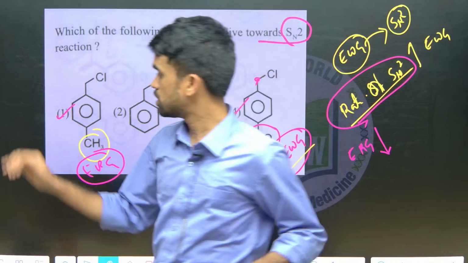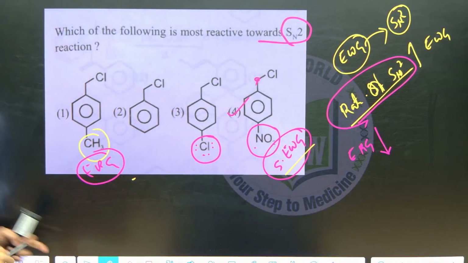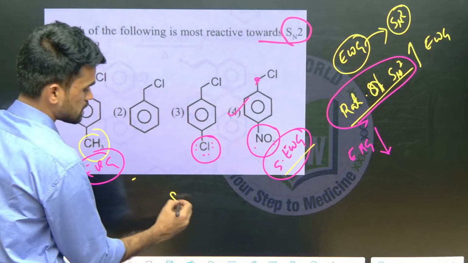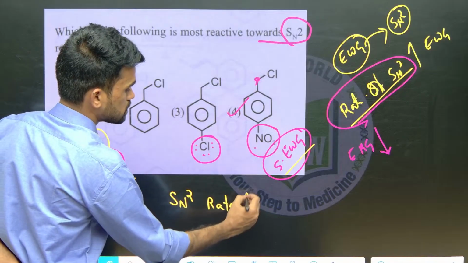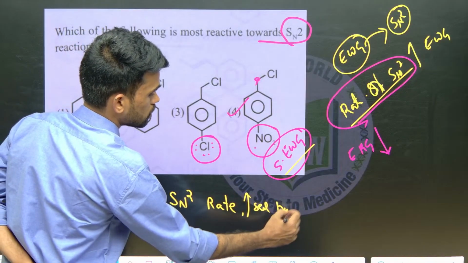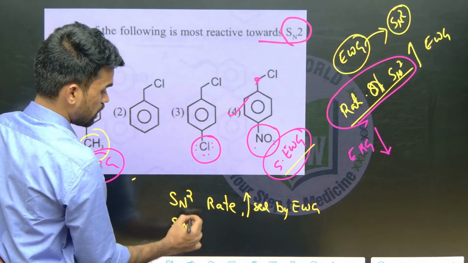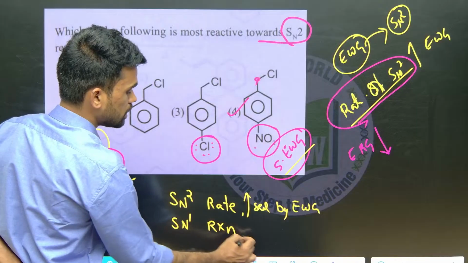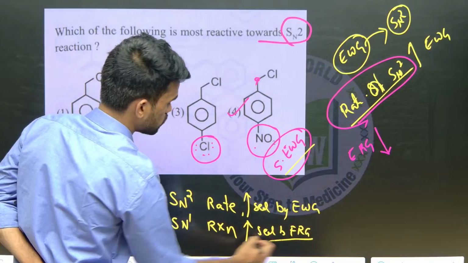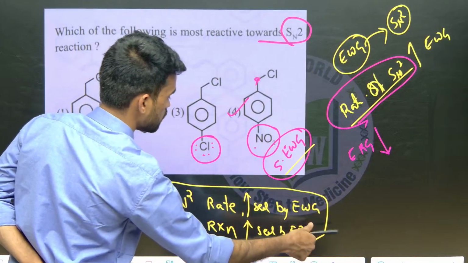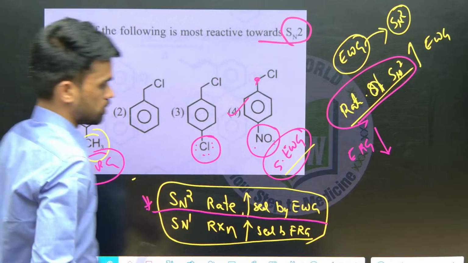Just remember two statements: SN2 rate is increased by electron withdrawing groups, and SN1 reaction rate is increased by electron releasing groups. These two statements can be your savior during the exam. Remember.